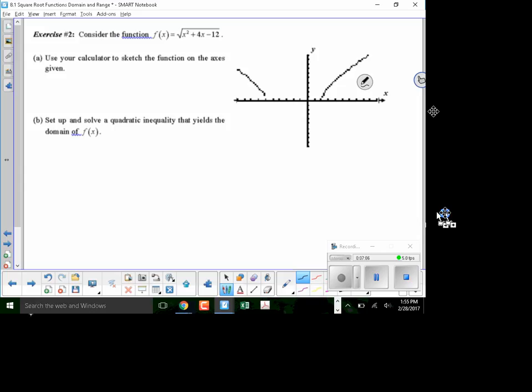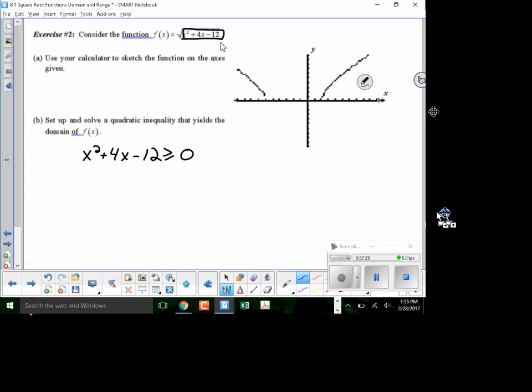If I go ahead and I set up, remember how to find the domains of radicals algebraically. What you do is you take the inside and you set it greater than or equal to 0. Okay, that's what it means by set up a quadratic inequality that gives a domain.